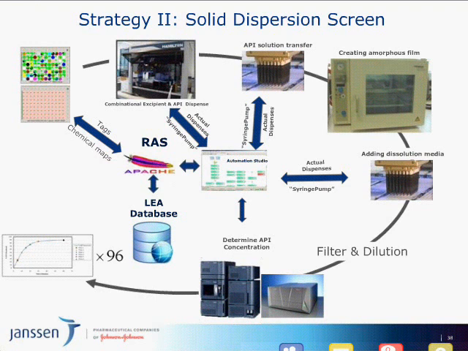So we want to create, in this way, the amorphous films. And we're going to perform dissolution on these plates. We will measure the concentration either with a UV plate reader or with our UPLC instrument. All these results are, again, imported in the LEA database. And we are going to make a report with our dissolution graphs.